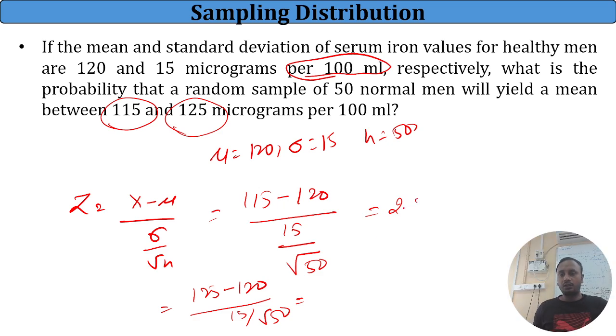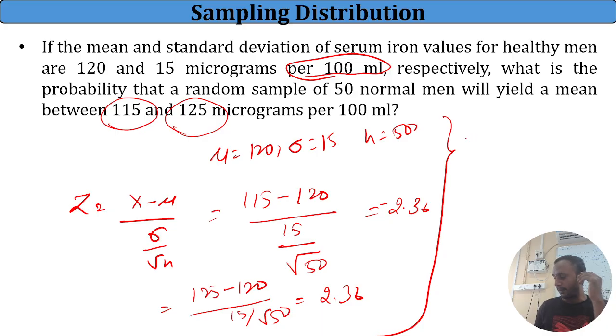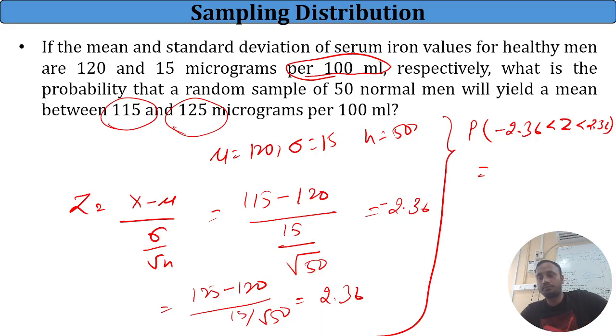I think it's 2.36, and for the other it's minus 2.36. And now we have to calculate the probability of Z between minus 2.36 and 2.36. Just tell the value, how much it will come.